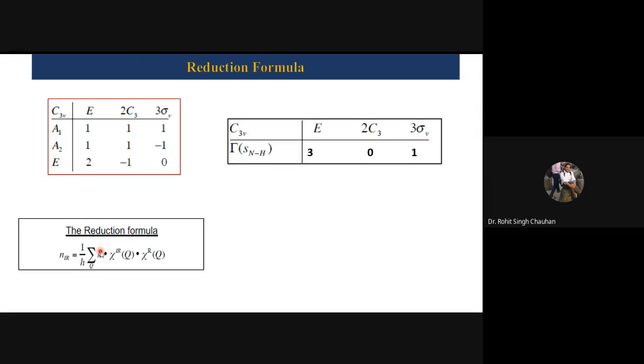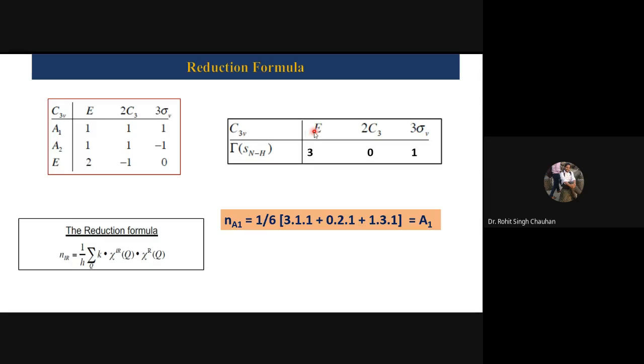Again, I will repeat what I have done. For any molecule, you need to find out the reducible representation with respect to bond length or bond angle. So here, in case of ammonia, the bond length is NH. First I have made sure of this reducible representation, then we will operate the reduction formula, right? So I'm going to operate on A1. According to the reduction formula, 1 by h, what is h? h is the order of the group.